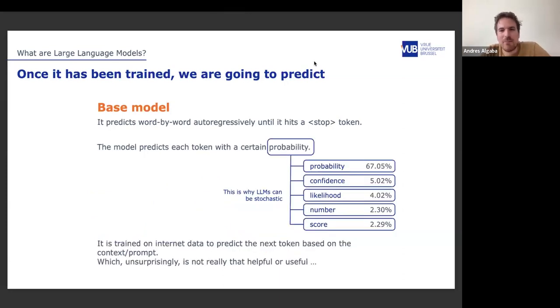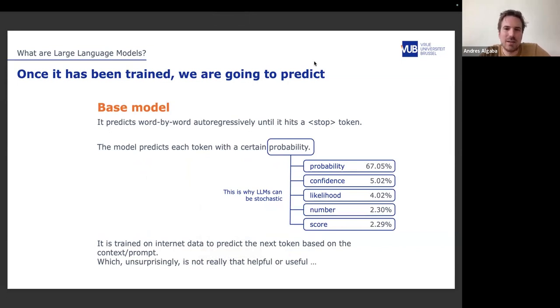Now, again, I want to emphasize this because you often get the remark by people, okay, so it predicts the most likely next token, but each time I ask the same question to GPT, it gives me a different reply. Well, this is because it indeed predicts probabilities over tokens.